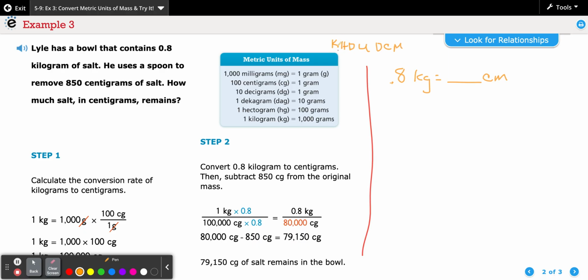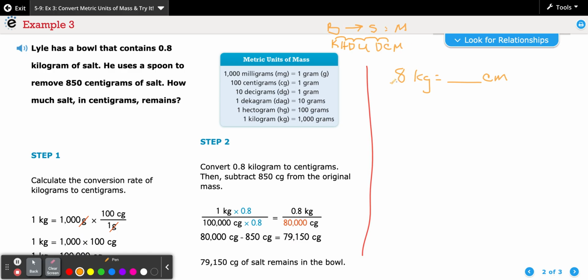I'm at kilograms, so I'm here, and I'm going from here. There's 1 jump, 2 jump, 3 jump, 4 jump, 5 jumps, and I'm moving from bigger units to smaller units. So I'm going to remember to multiply. Right? So bigger to smaller, multiply. Multiply by 10, 100, 1,000, 10,000, 100,000.